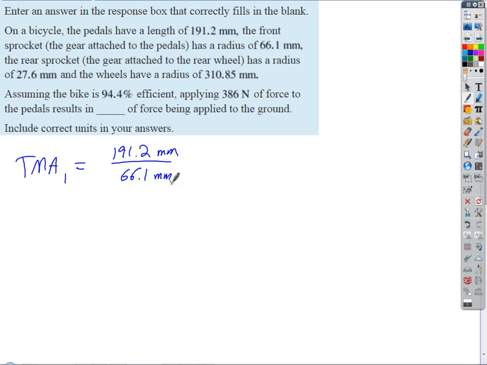Let's look at the second one. Think about what's going on here. From the perspective of the second simple machine, the chain is being pulled across the gear, the sprocket. Think about a 10-speed bike.